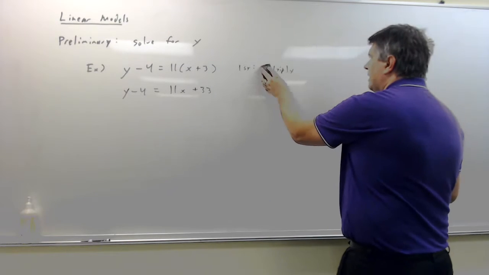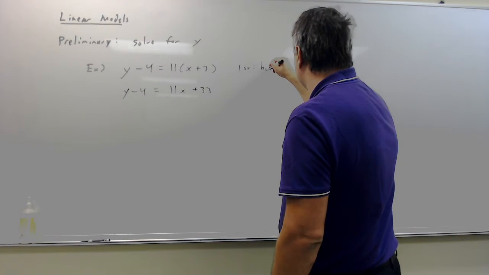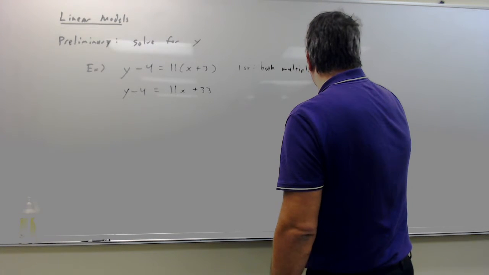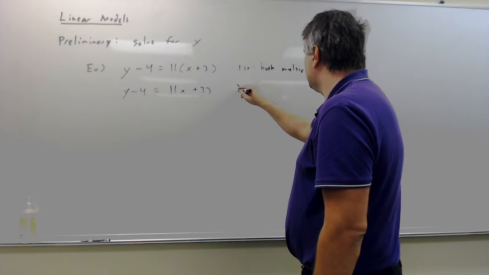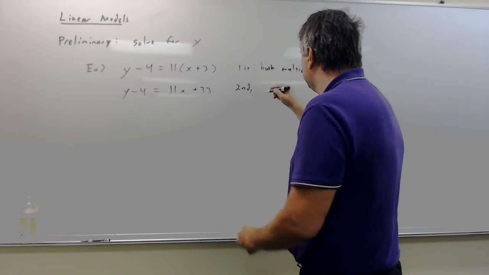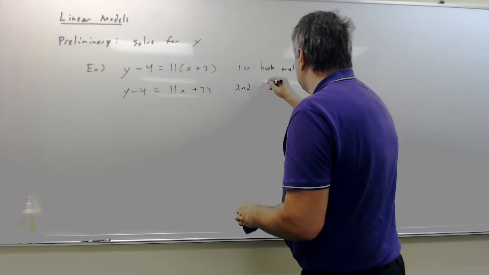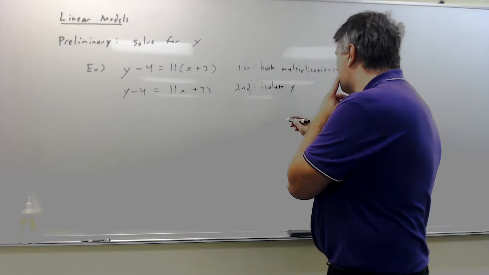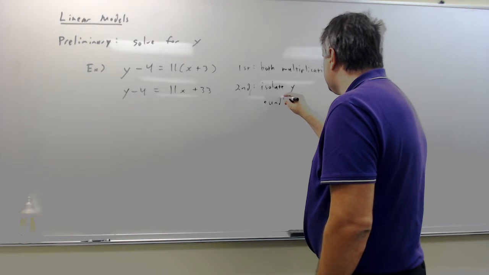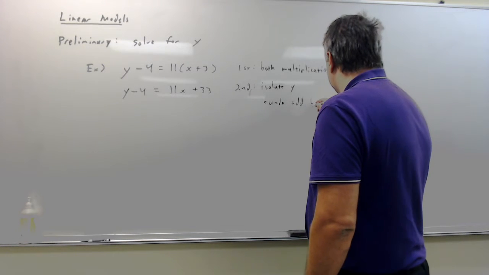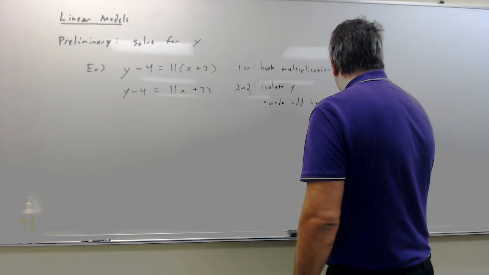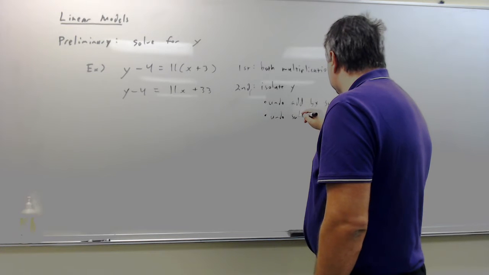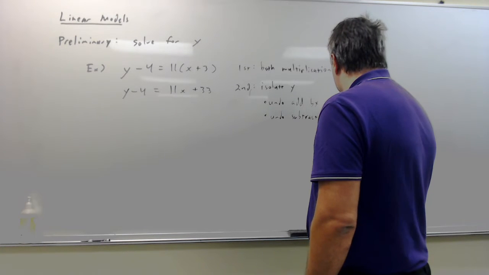After you have done both multiplications, so let me re-clarify this. First, both multiplications. Second, isolate y. Undo add by subtracting. Undo subtract by adding.